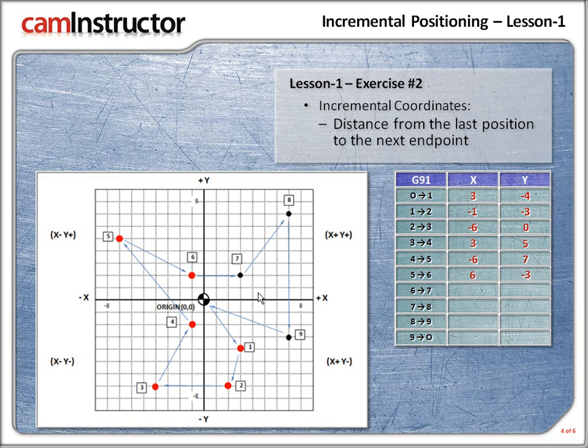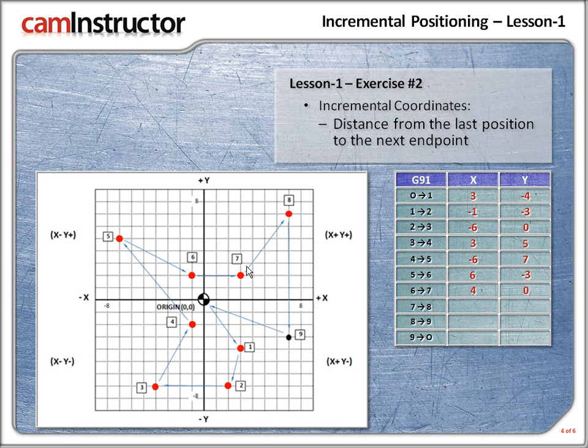Okay, let's check out 6 to 7. So 6 to 7, we're moving in the plus x direction. How much? 1, 2, 3, 4. So from 6 to 7, x is 4. And 6 to 7, how much do we move in the y? Big fat 0. Alright, what about 7 up to 8? For the x, we're moving in the positive direction.